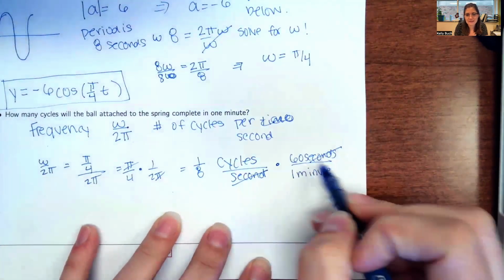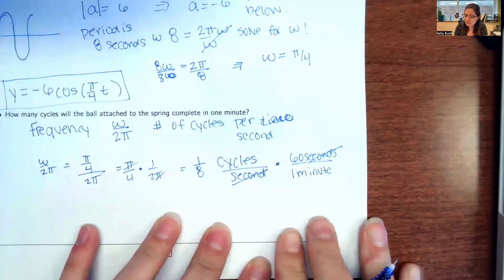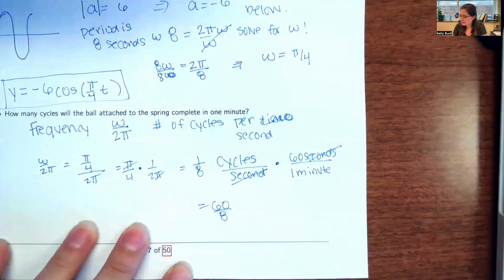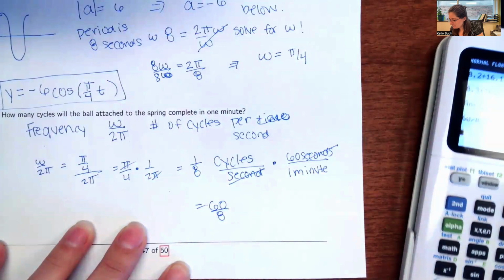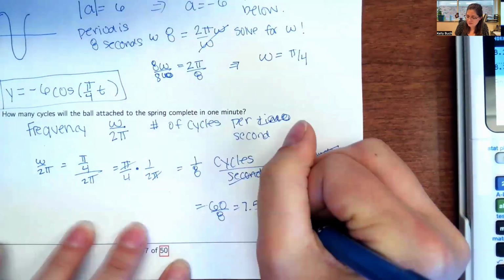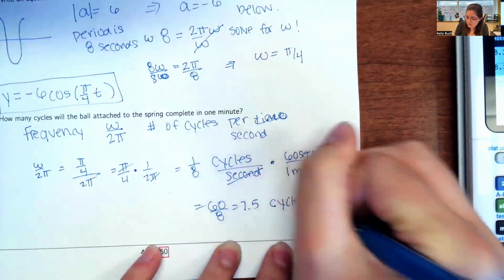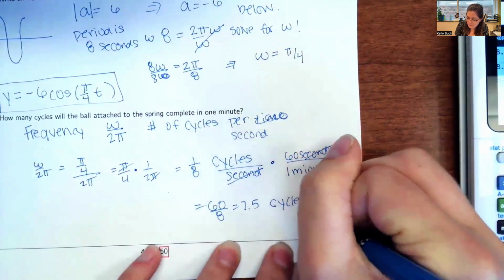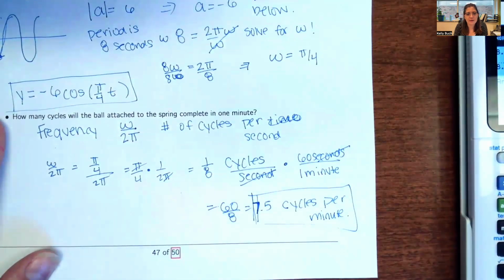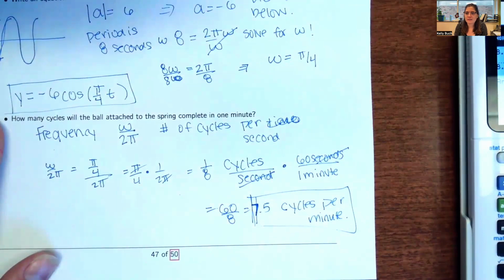And I can do this because 60 seconds and 1 minute are actually equal to each other. And let's see, I'll get 60 over 8, or what is 60 divided by 8? 7.5. And the units on this now are cycles per minute. 7.5 cycles happen in 1 minute when the period is 8 seconds.